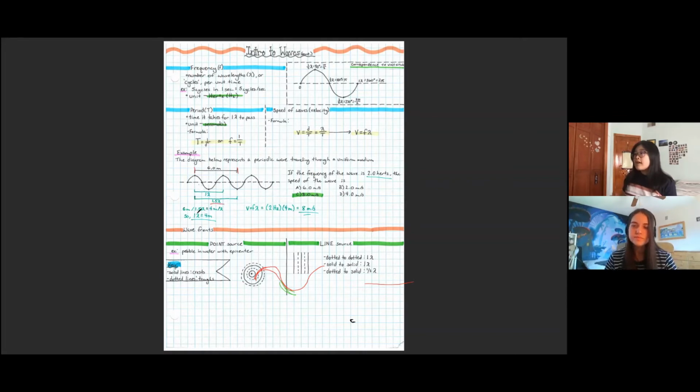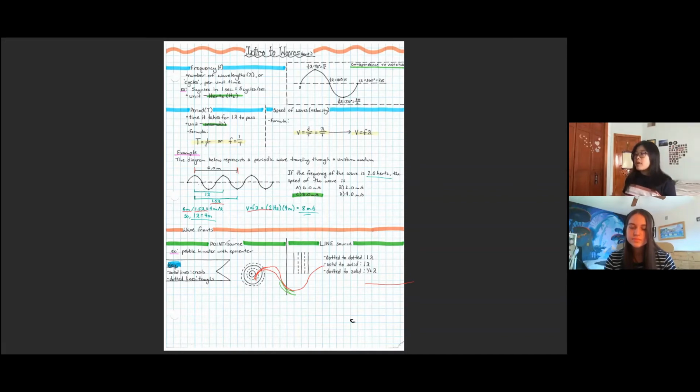So to find how much it is for one wavelength, we do 6 meters divided by 1.5 wavelengths, which in this case would be 4 meters per wavelength. Then all we have to do is substitute it into the formula, and the answer should be 8 meters per second.